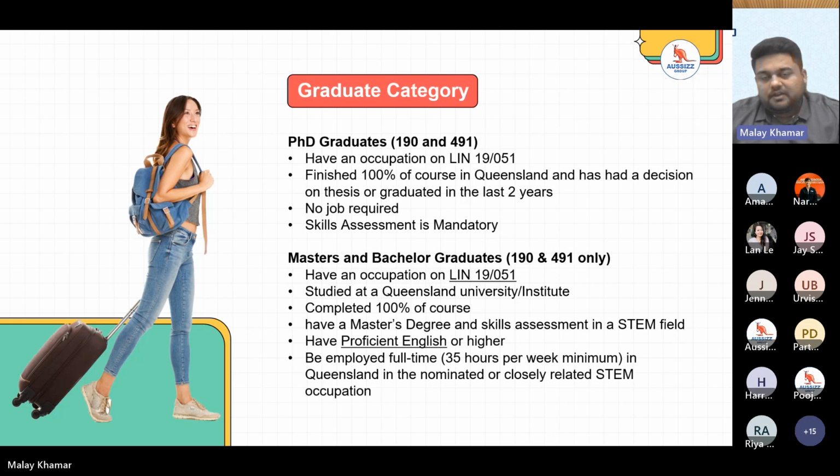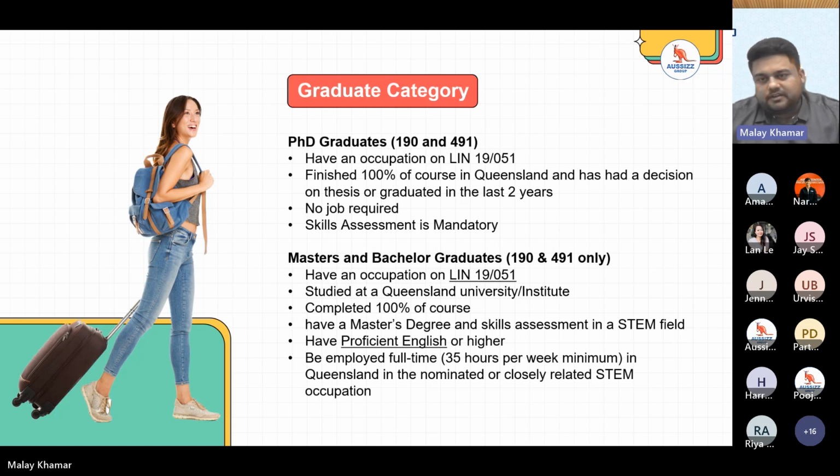They can straight away apply for the EOI, and they need just 2 pay slips to apply for the state nomination, and there is no job offer criteria as well. So you don't need a full-time permanent contract. Even if you have started as a casual, at least 35 hours a week, you can still apply for the Queensland graduate category, which is very beneficial for all the graduates who have passed out their master's or bachelor's degree from Queensland.